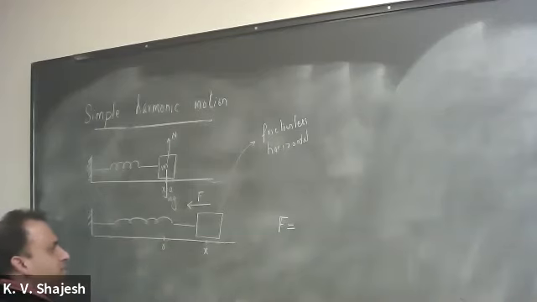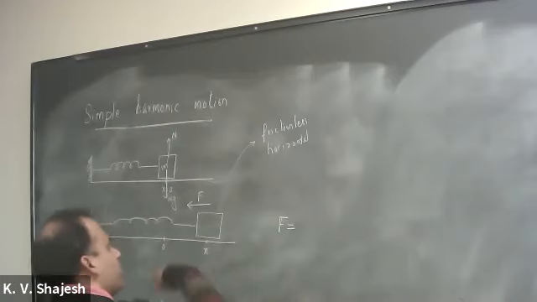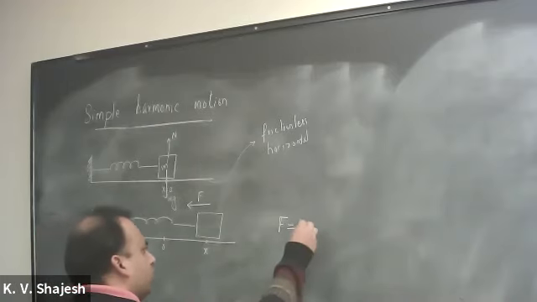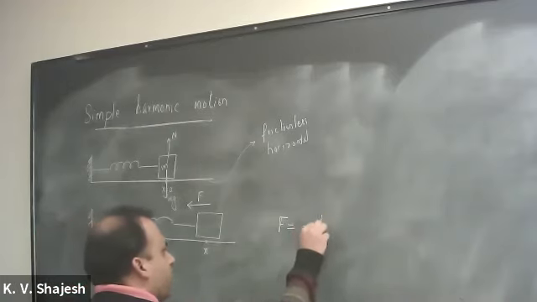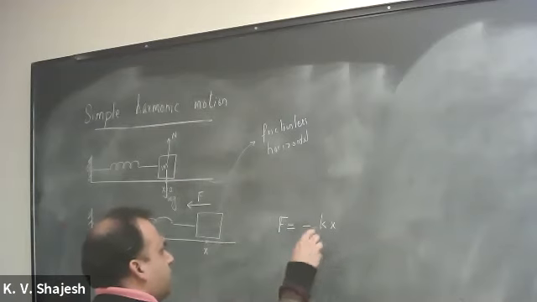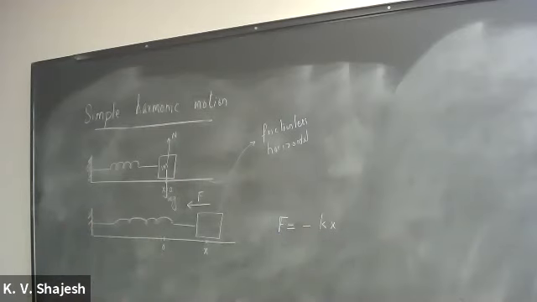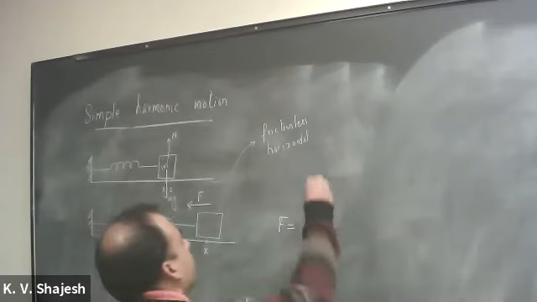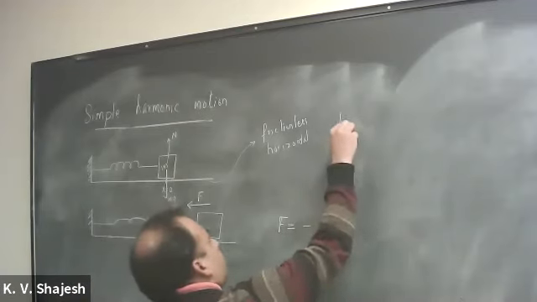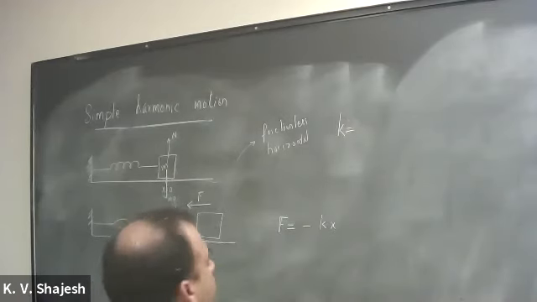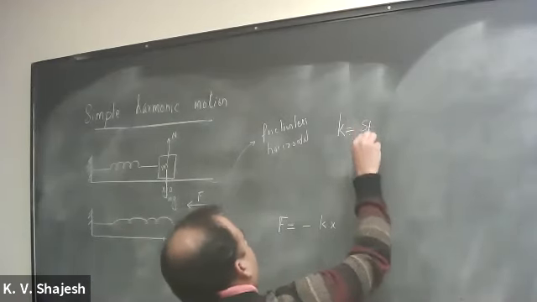Here x is greater than 0. So the force will be towards the origin all the time. In this case, it is minus kx. And that introduces the concept of spring constant k.